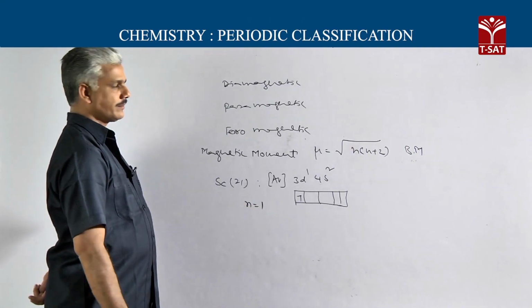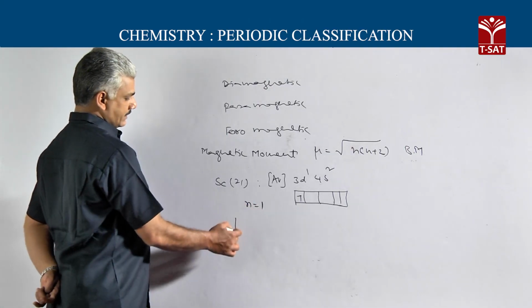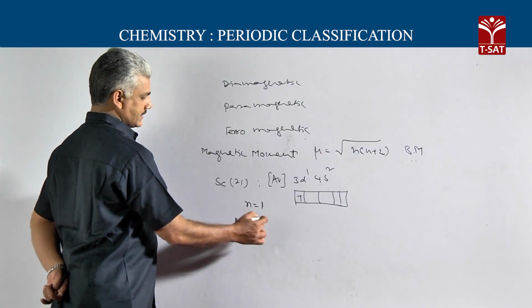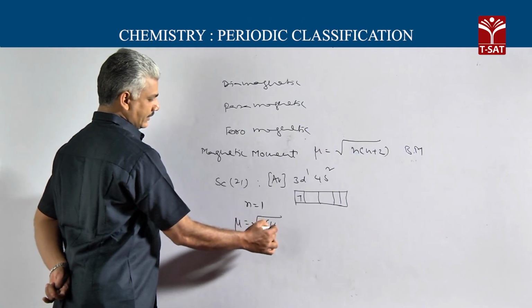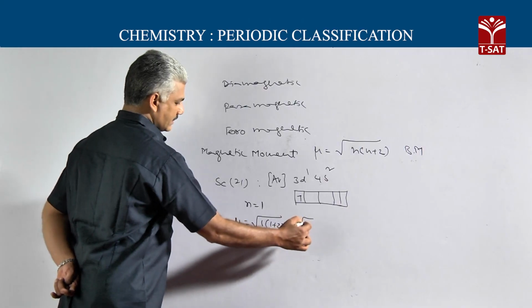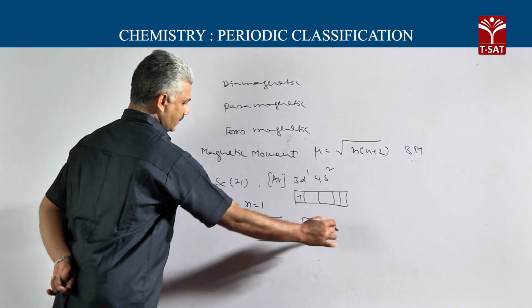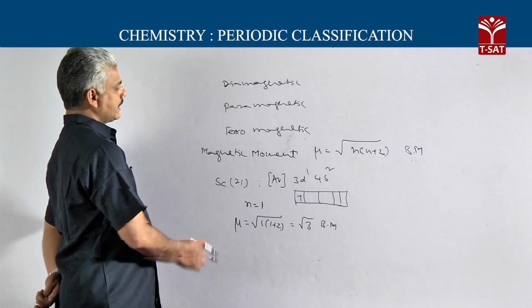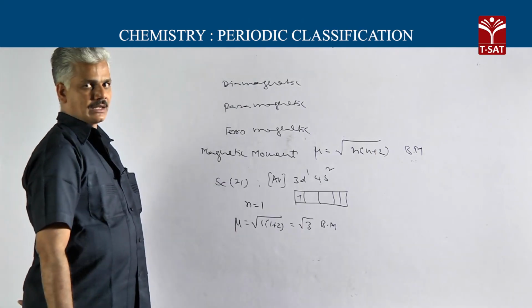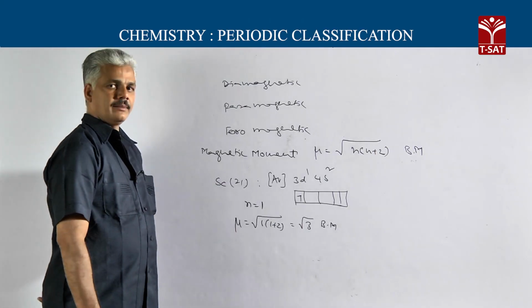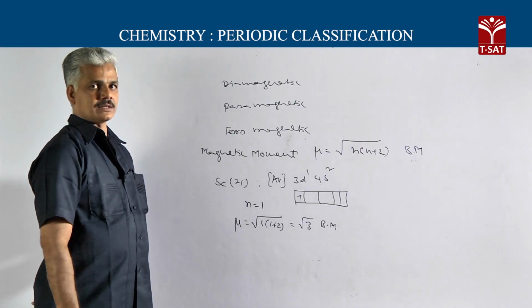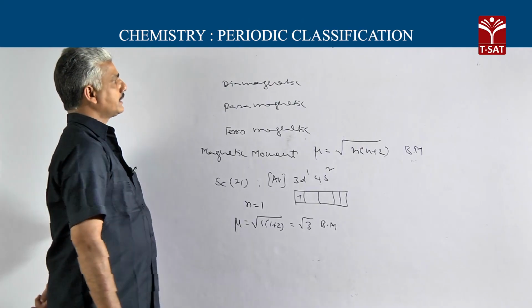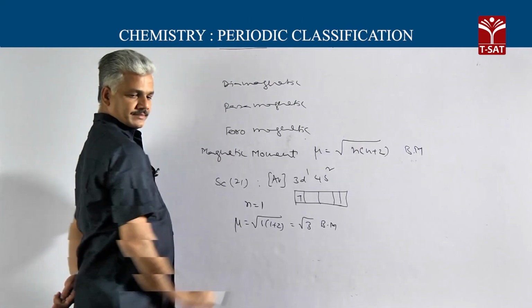It can exhibit paramagnetism, and corresponding magnetic moment value is square root of 1 into 1 plus 2, that is root 3 BM, you can say. So, in this way we can calculate the magnetic moment of not only elements as well as ions also. That is about D block elements.